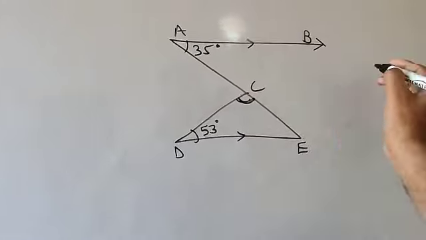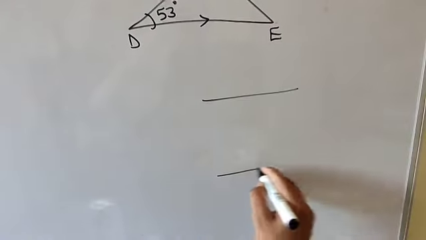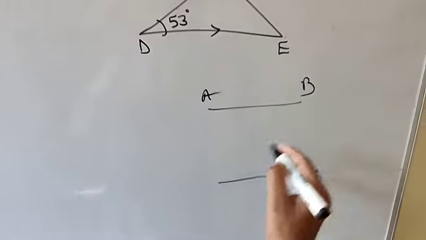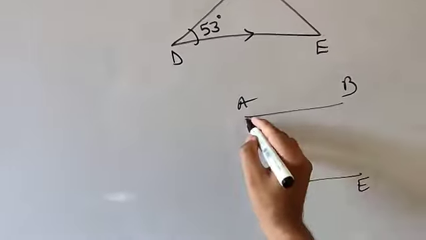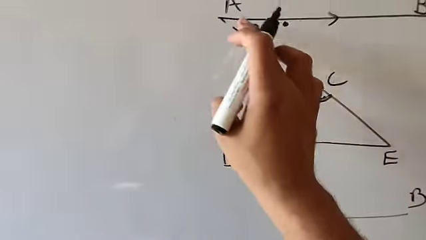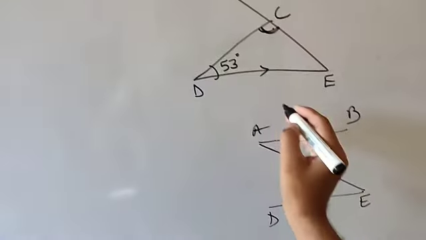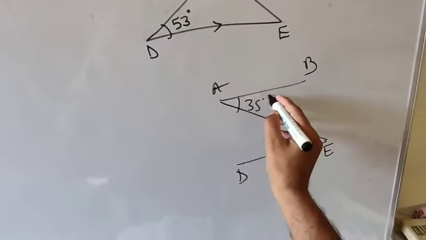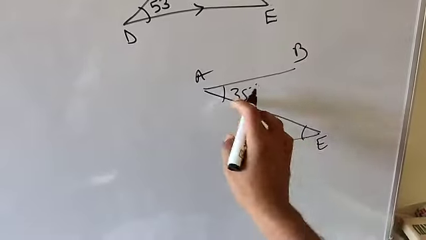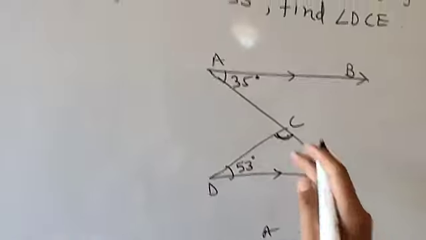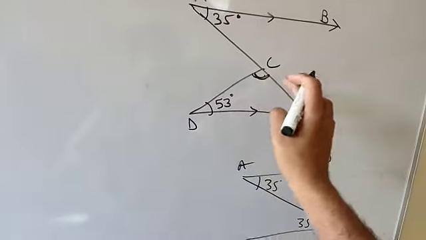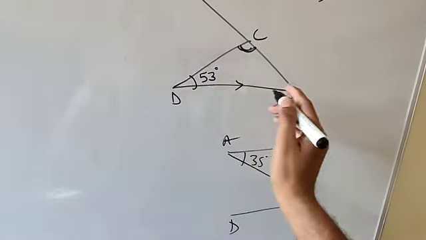So students, if AB and DE are parallel, and AE is intersecting, here the AE line is intersecting both the parallel lines. So if it is 35 degree, then what will be this angle? That is the alternate interior angle. So you will write angle BAC equal to angle CED, alternate interior angle.